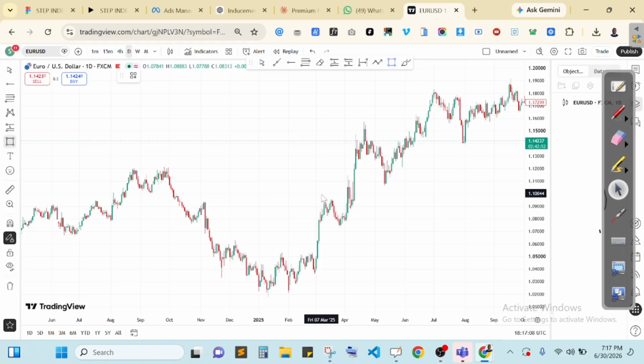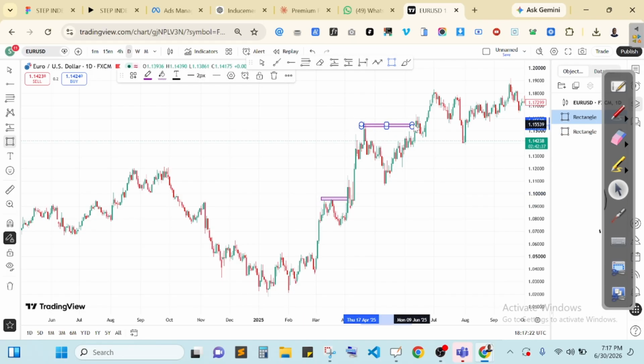You can see that this is a valid break of structure because the price closes above. The candle closes above, yes, right? You can also see that this is a valid breakout, right? Yes, sir. What happened there? The candle closes above, right? Yes, sir. So you can also see this one.